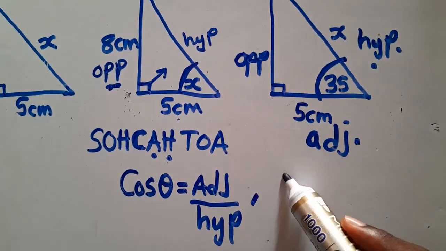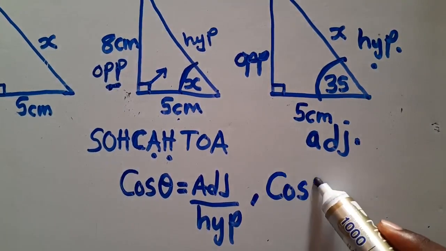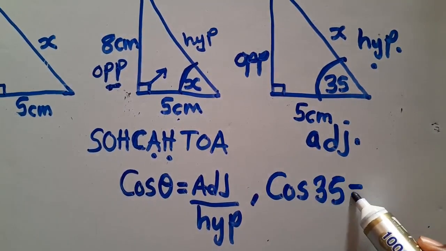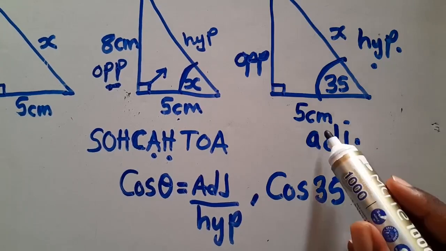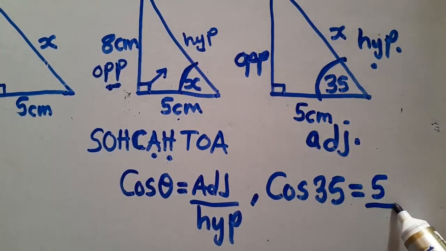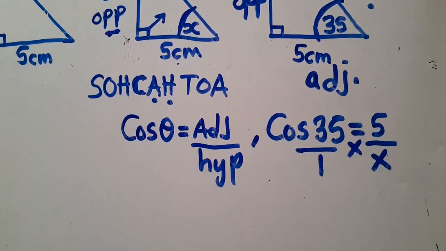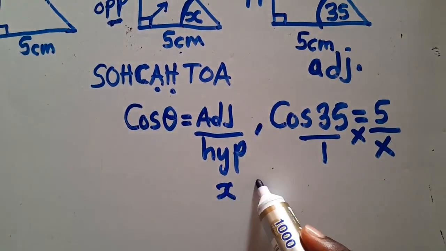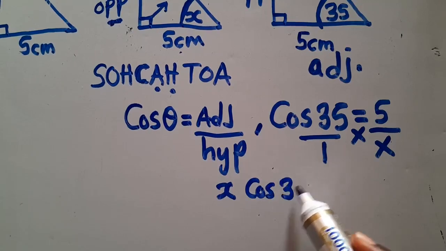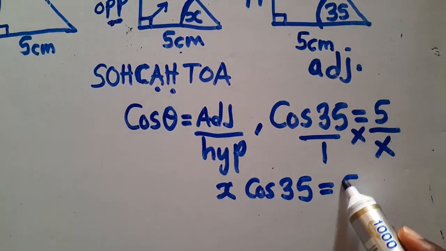So where you say cos, what is your theta? 35, which is equal to, what is your adjacent? Adjacent is 5. Then what is your hypotenuse? Hypotenuse is x. Here you say over 1, then you cross multiply. So the answer that you are going to have will be x cos 35 is equal to 5.